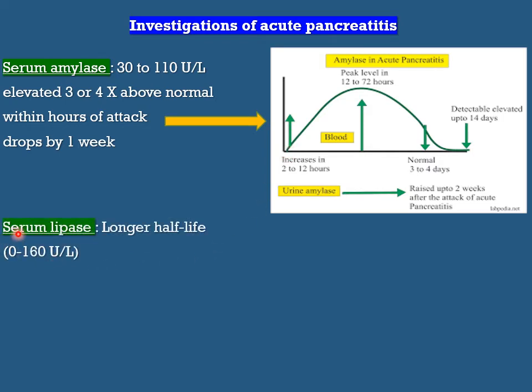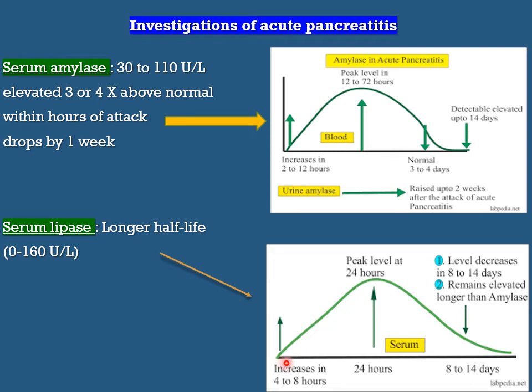The next is your serum lipase. Lipase has got a longer half-life, and its normal value is less than 160 units per liter. And the graph of its increase in the serum is shown in this graph here. It increases in 4 to 8 hours, peaks in 24 hours, which is slower than the amylase.